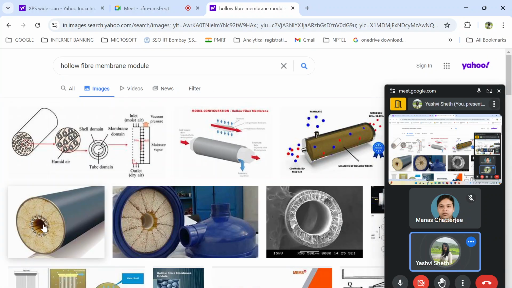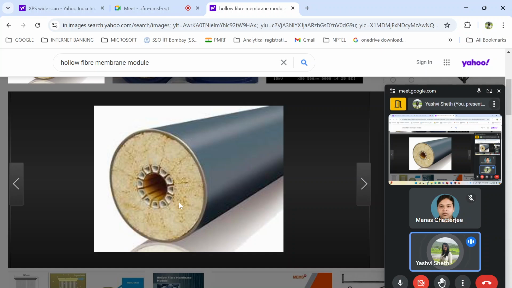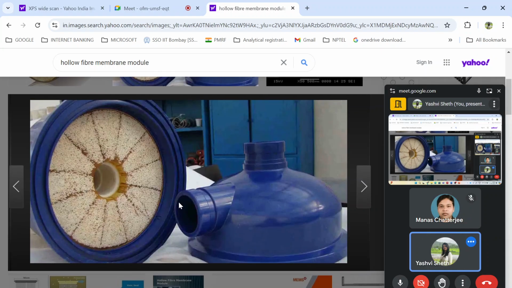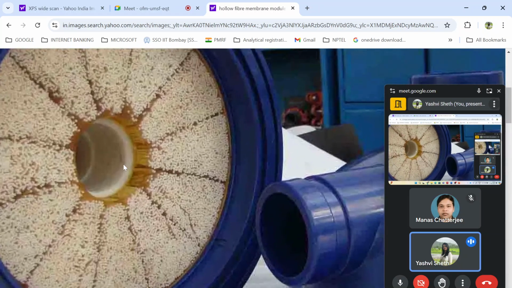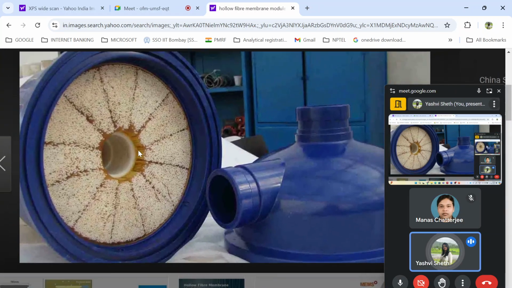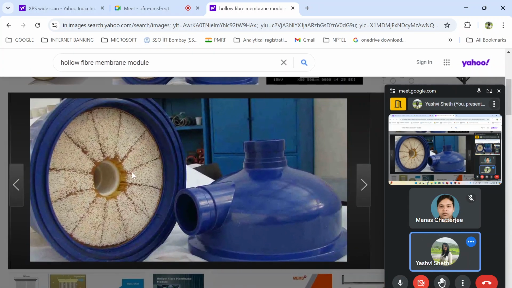So, yeah, see how compactly it is packed. Sorry, the image is not clear, I guess. Yeah, see how compactly it is packed. So each of these, if you zoom in, yeah, each of these threads is a fiber, which is the membrane, right?